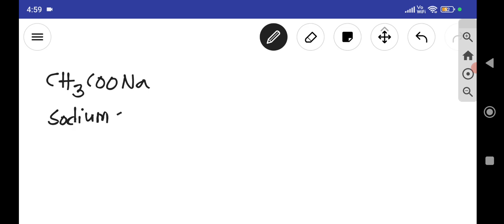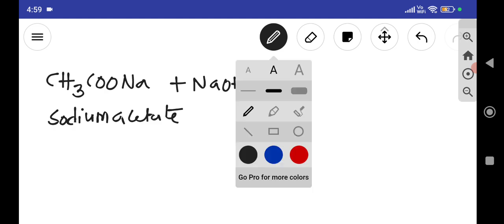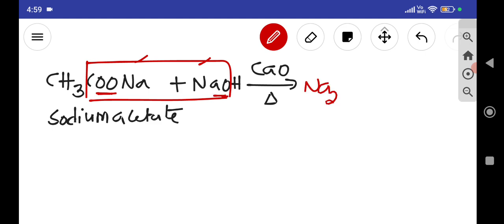Next, with the equation, if you take CH3COONa, nothing but sodium acetate, decarboxylation occurs in presence of NaOH and calcium oxide when you heat this. So remove sodium carbonate from here. Here it is Na2, CO2 and one oxygen. So we are removing carbon dioxide in the form of sodium carbonate.